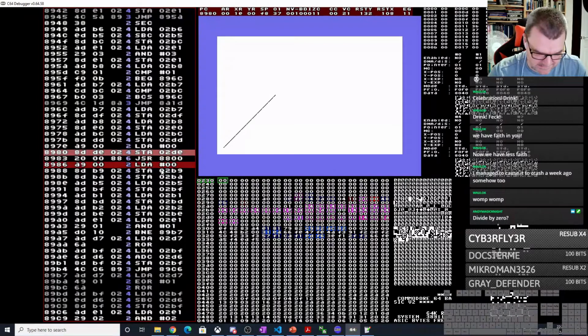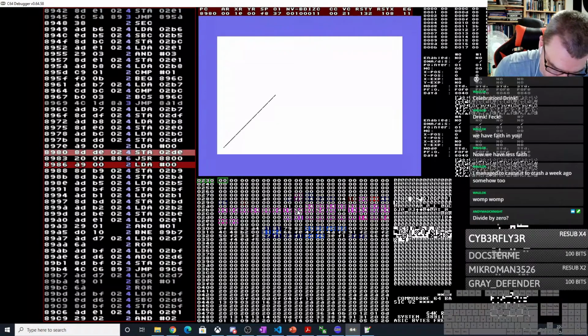Now in the second one, it should draw a line from there to about here. So X is the big and Y is the small. So we need to check now. The X delta is 2B7. So 0, 1, 2, 3, 4, 5, 6, 7. That's the low. So that's right.